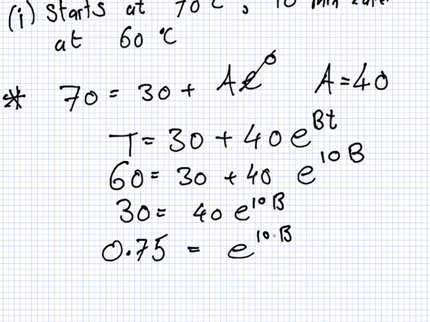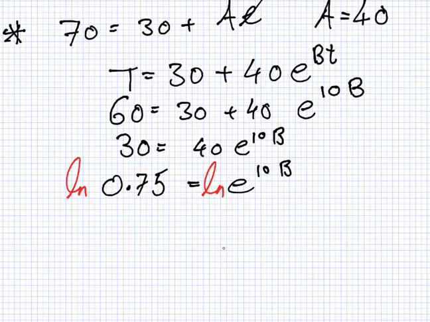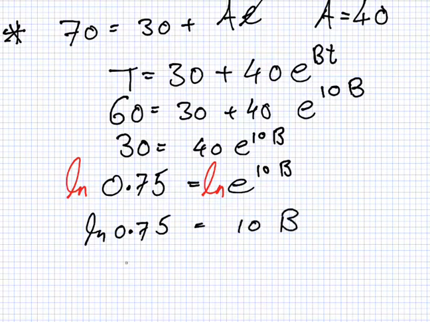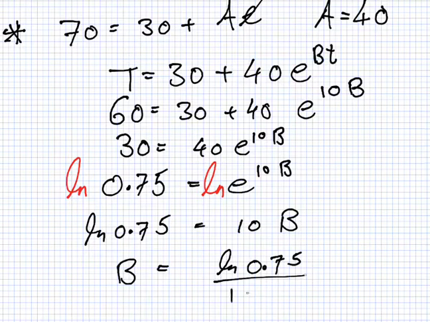How can I cancel the e? With a log. Natural log. So now I get ln 0.75 equals 10B. So B is ln 0.75 over 10. What's that, please?